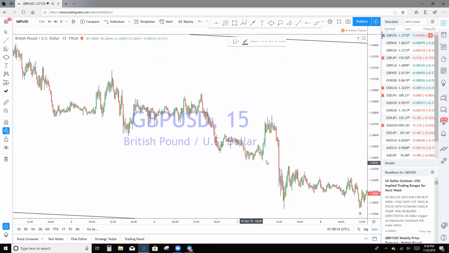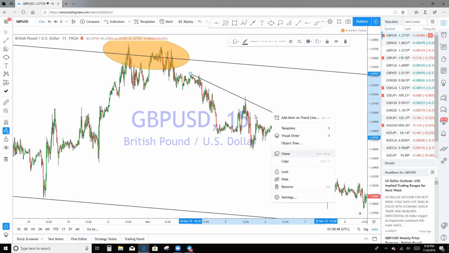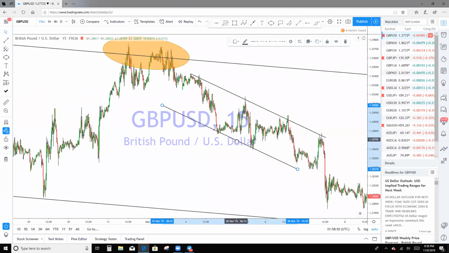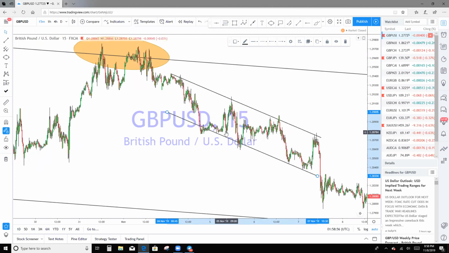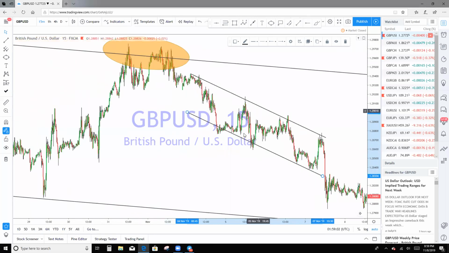So let's say we take this little small downtrend. Let's say I was looking at this on a 15-minute time frame, and we knew my trend was down, and I was looking at this on a smaller time frame. I want you to think about this little picture and compare it to the bigger picture.